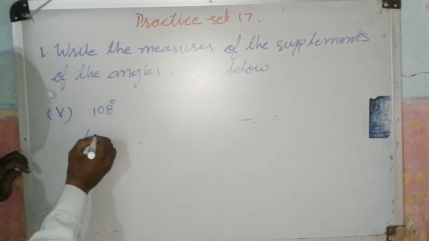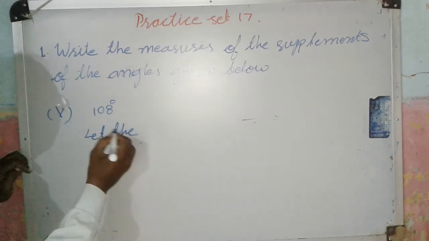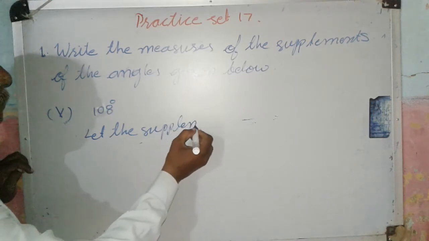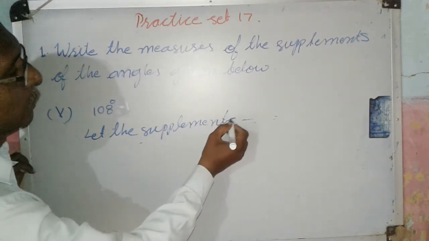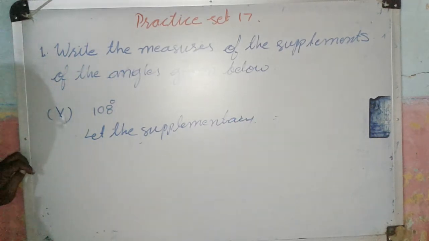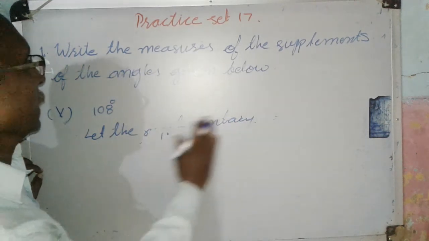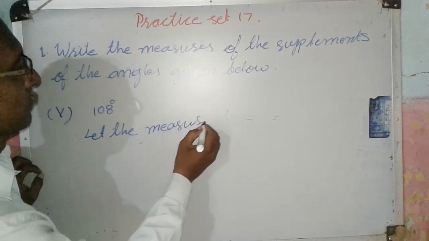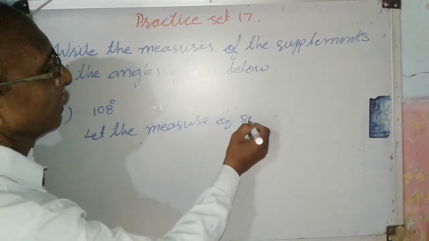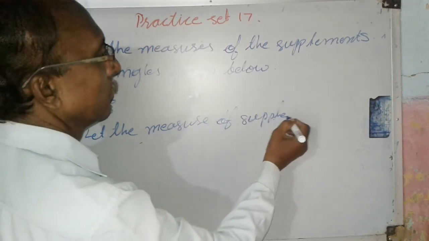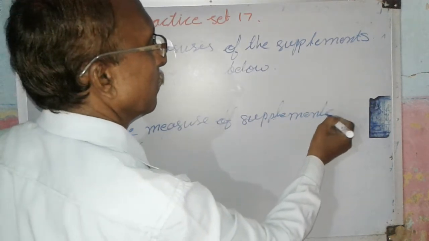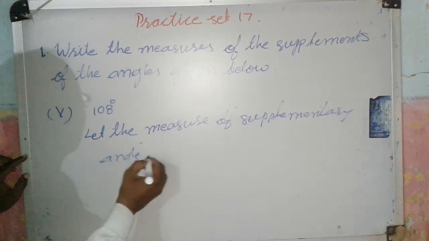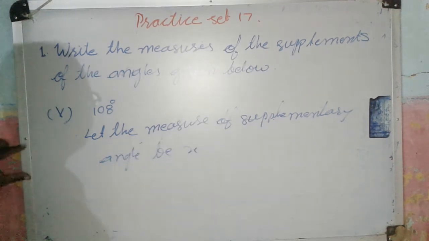So therefore let the measure of the supplementary angle be x.